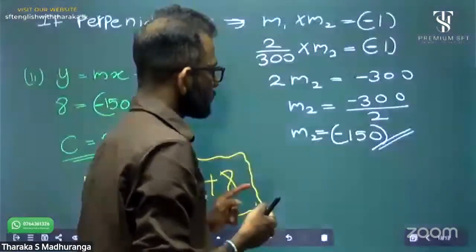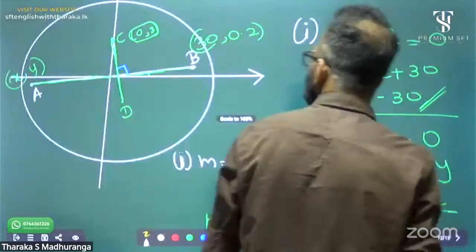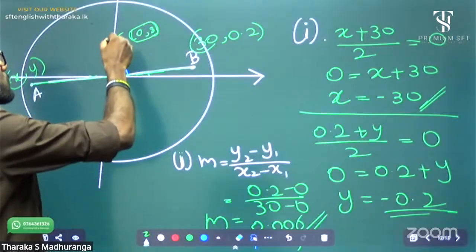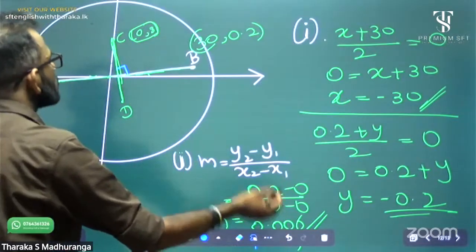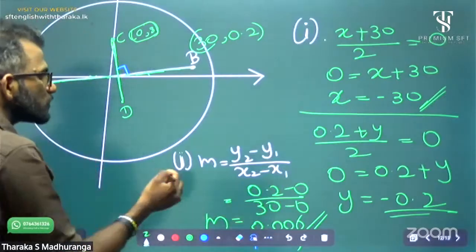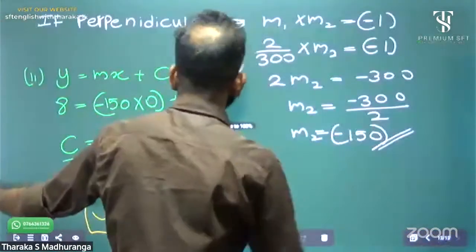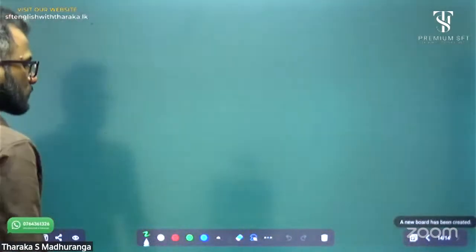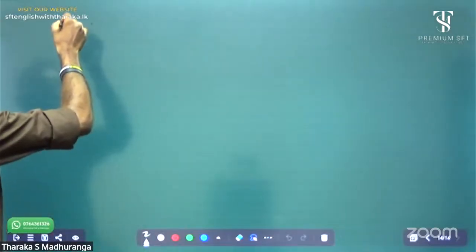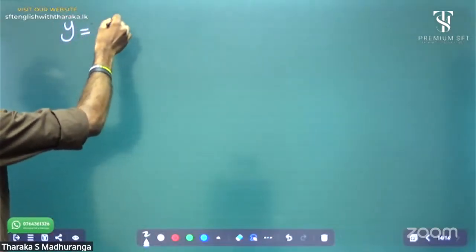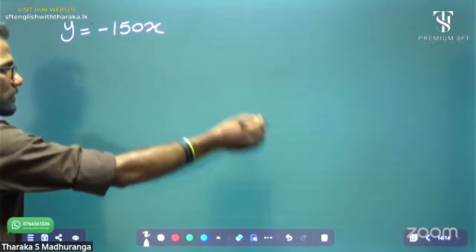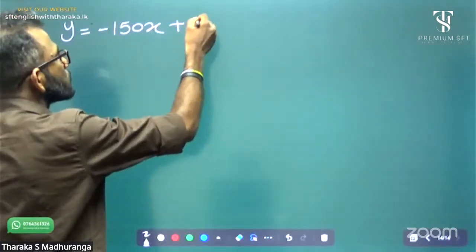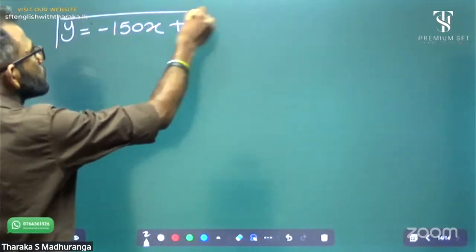Okay, now this is the CD line. Now you have the equation of the CD line: y equals minus 150x plus 8.